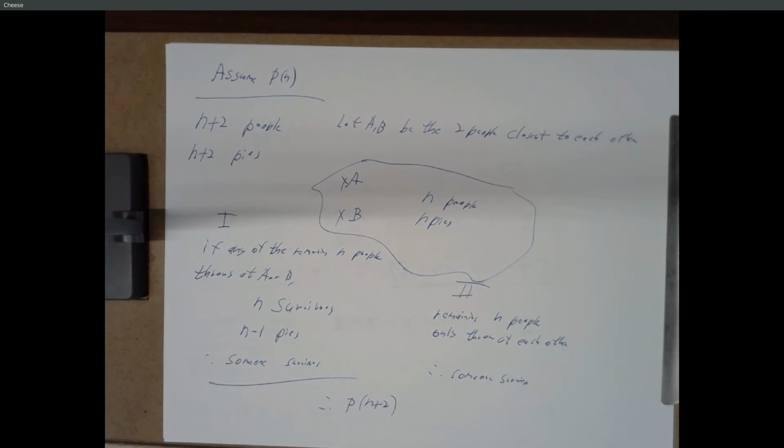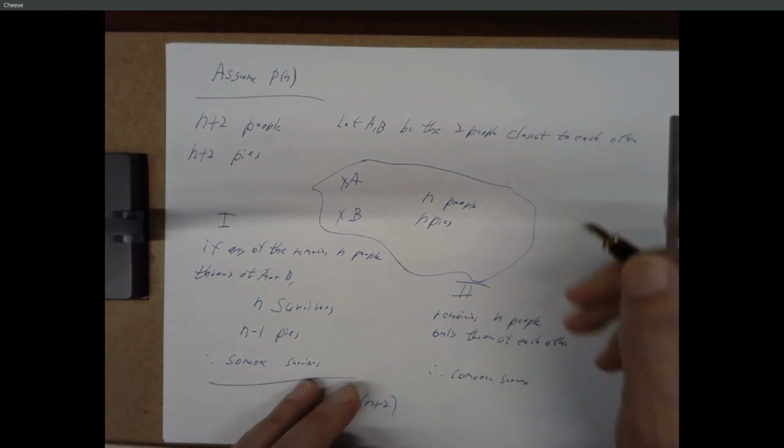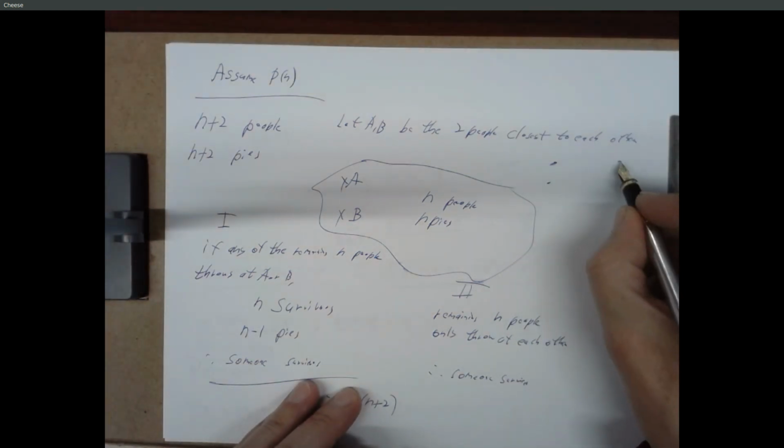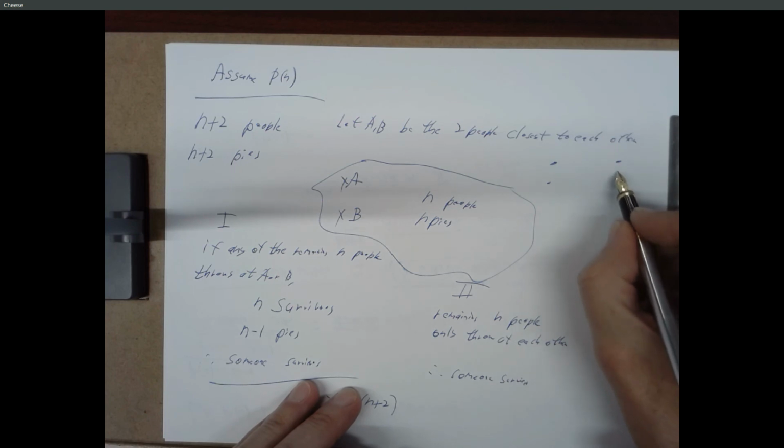Could you prove this in one step by saying that there's somebody who's farthest away, like has the furthest distance between, and then say that they throw their pie at somebody else, but nobody throws their pie at them? The person farthest away... But I guess they could have somebody who's closer to them.